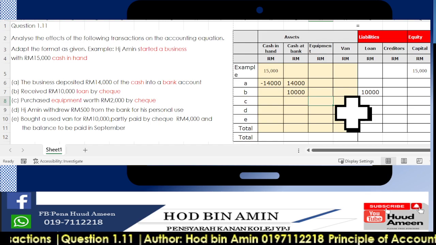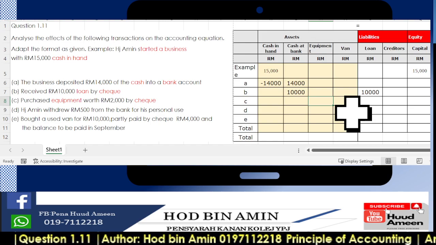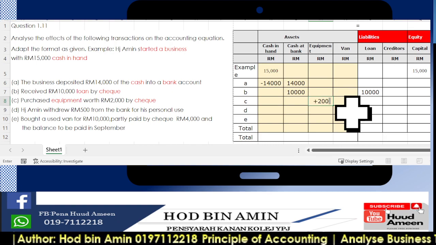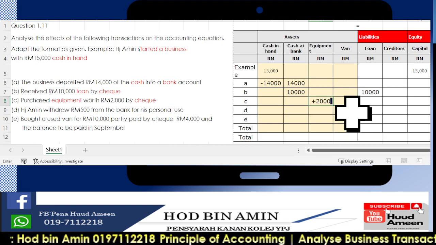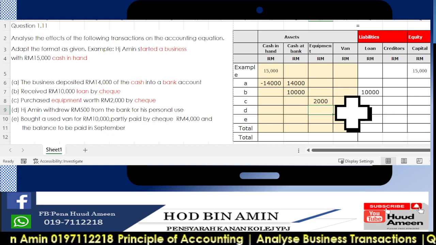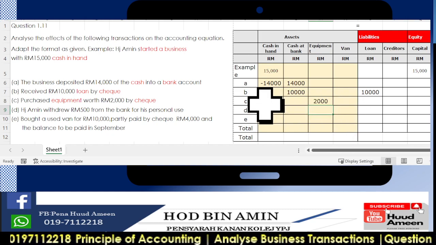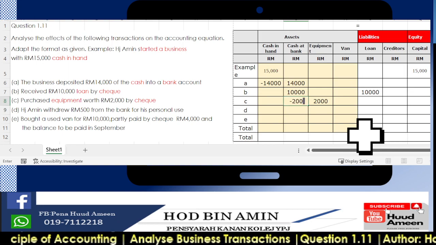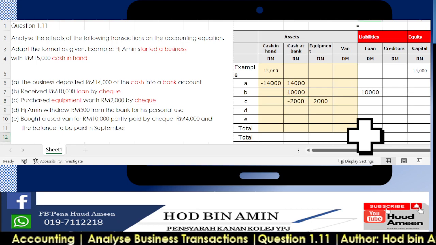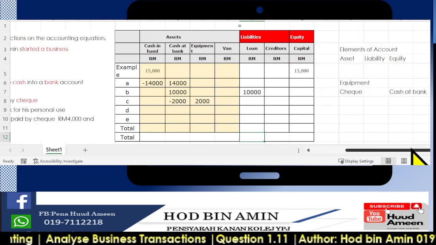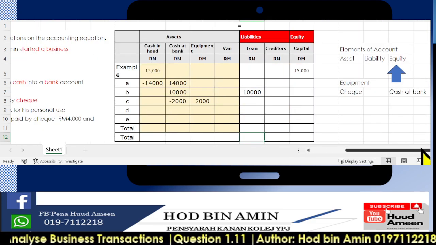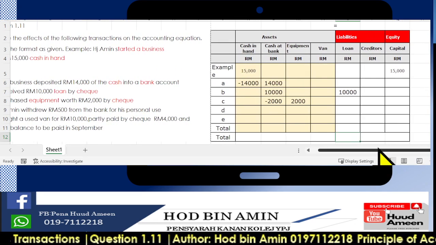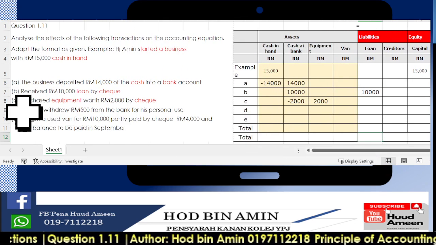So equipment is plus 2,000, because we get the equipment, then our equipment will increase by 2,000, and at the same time our cash at bank will decrease because our money will decrease. So for decrease, the arrow can use the negative sign.